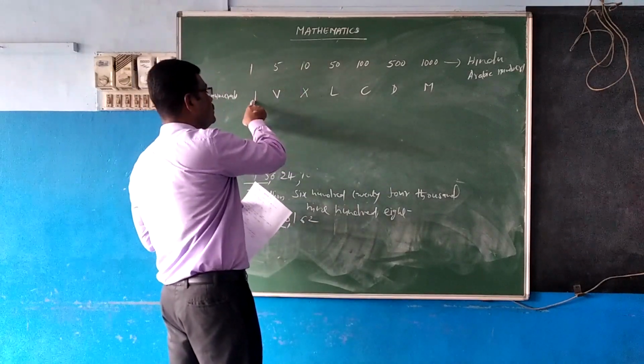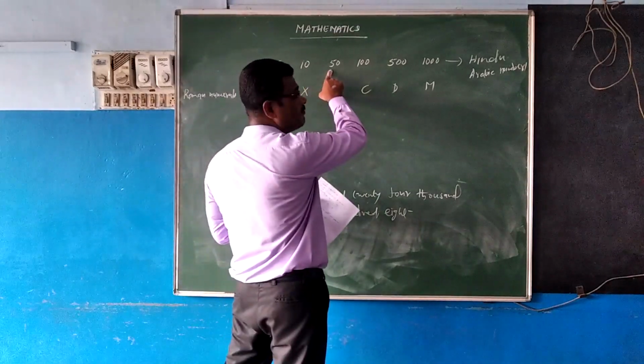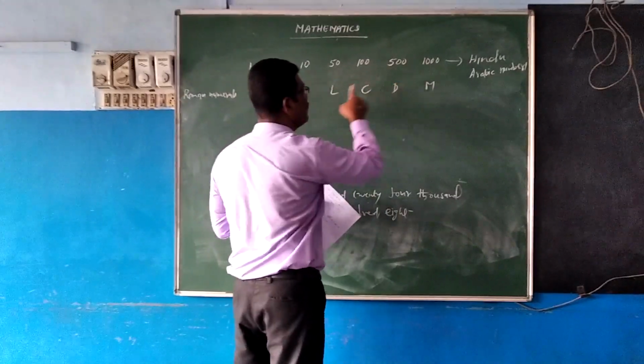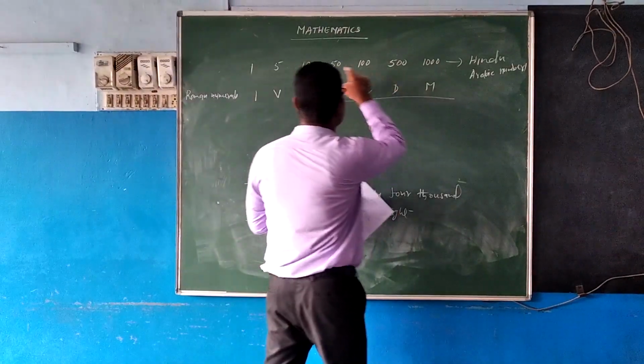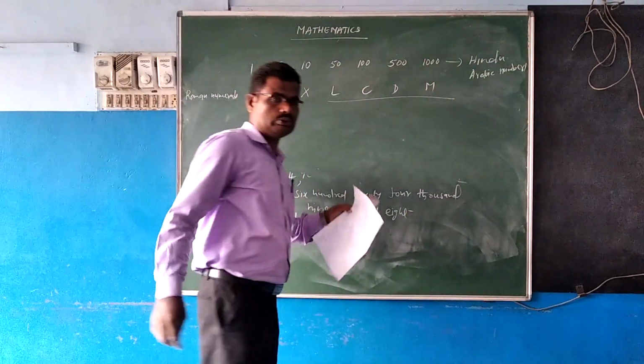After that, 50, 100, 500, 1000 can be remembered as LCDM.